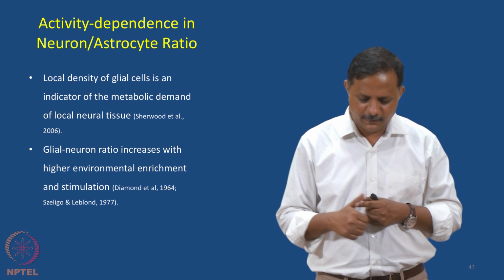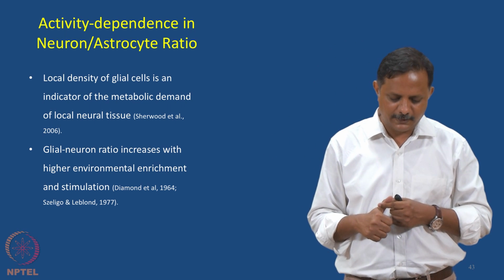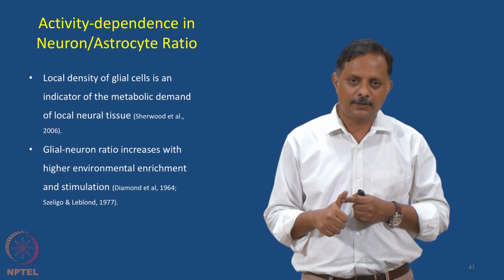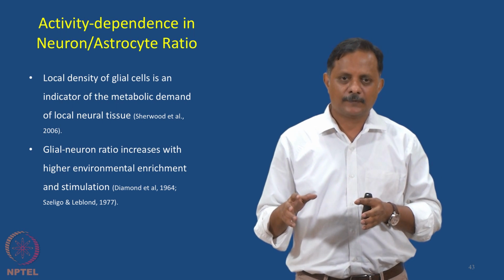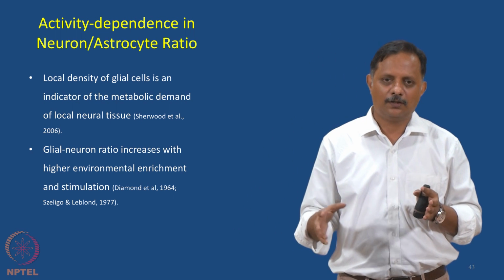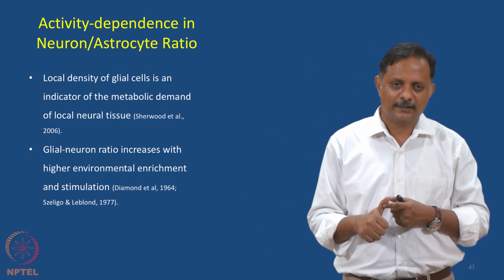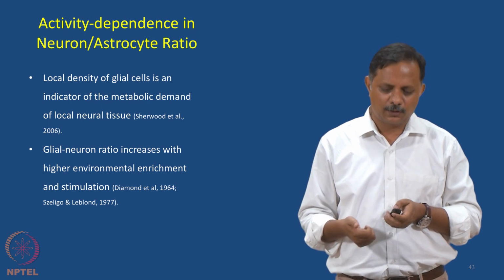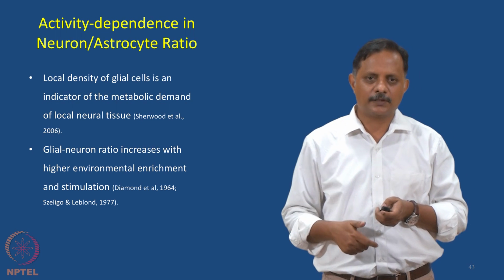That is from the first study by Sherwood et al., 2006. And also glial neuron ratio increases with higher environmental enrichment and stimulation. So if you raise an animal under environmentally rich, stimulation rich environments, the glial neuron ratios are higher under those conditions, which is what we also see in this model.